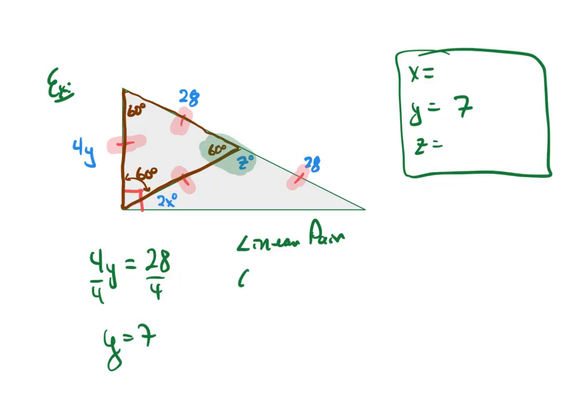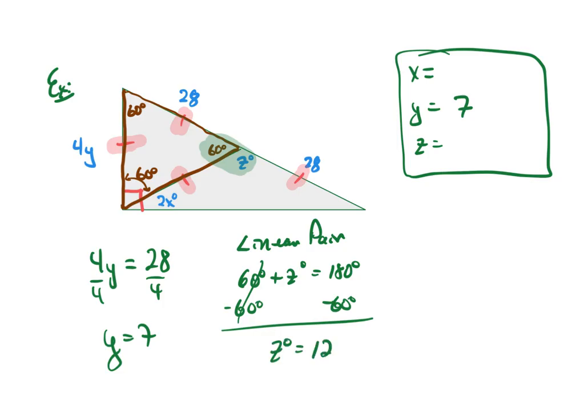And what I need you to remember is that a linear pair are two angles that always add up to 180 degrees. So 60 plus z has to equal 180 degrees, which allows you to move the 60 to the other side by subtraction, and therefore z must be 180 minus 60, or 120 degrees.